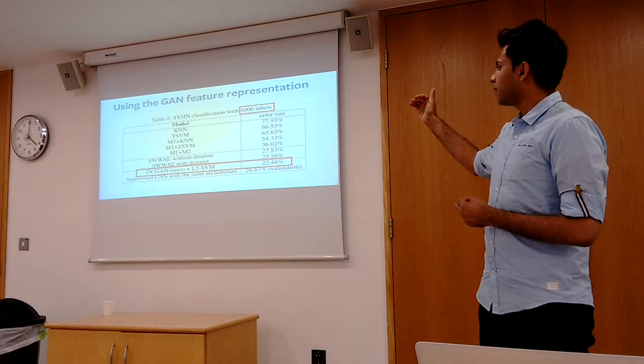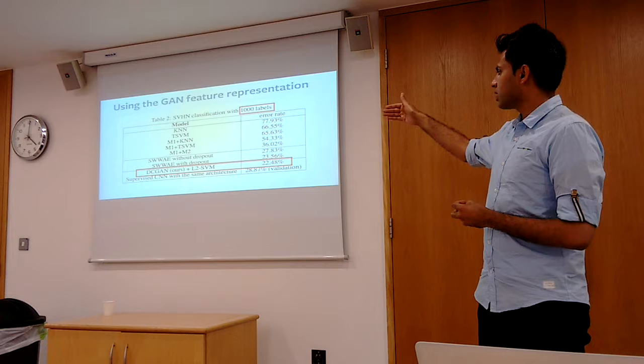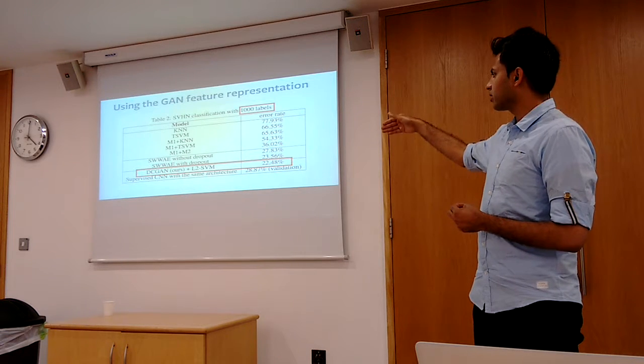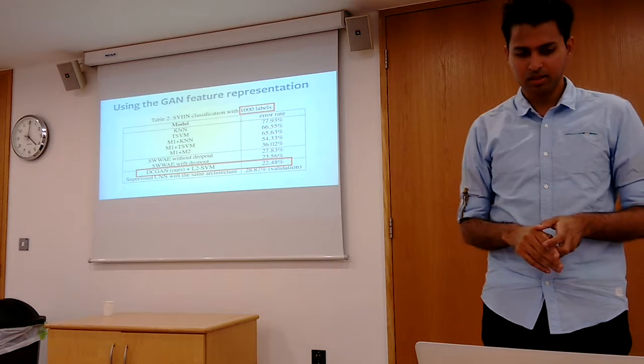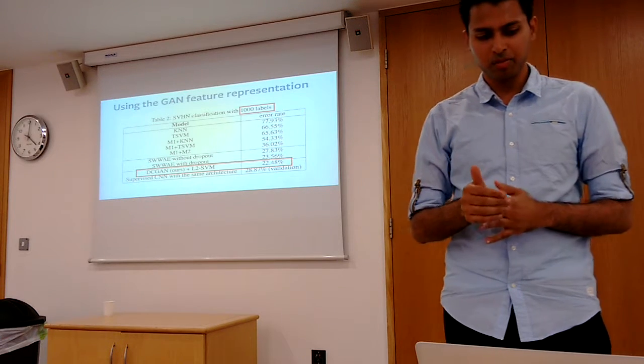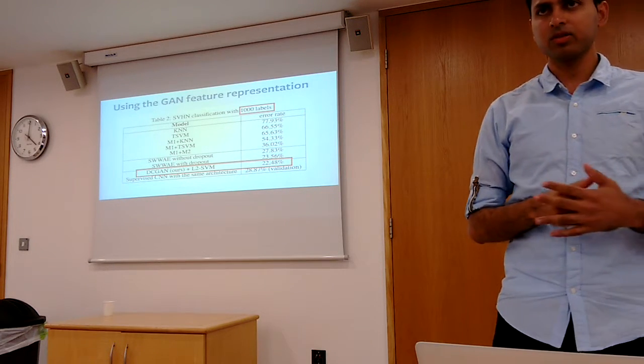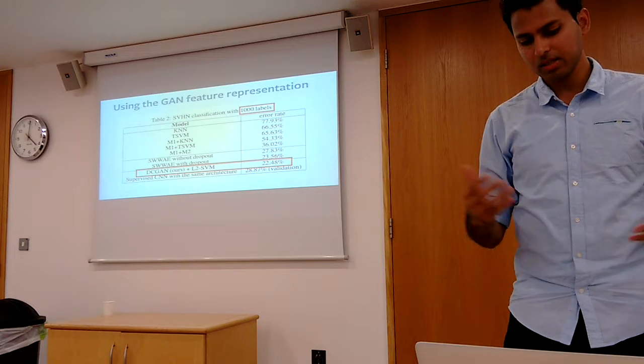There were other methods at the time of publication that got pretty good, like a 23% error rate on the 10-label classification problem, just using 1,000 labels of your data set.